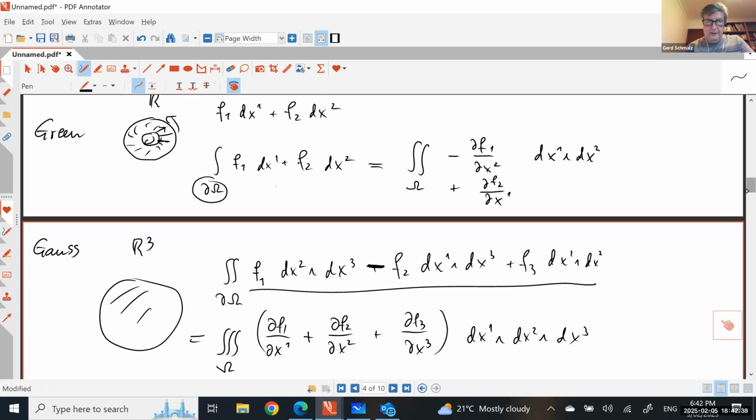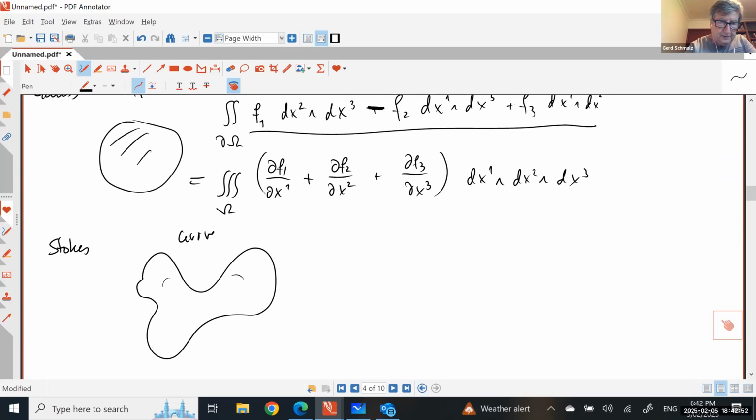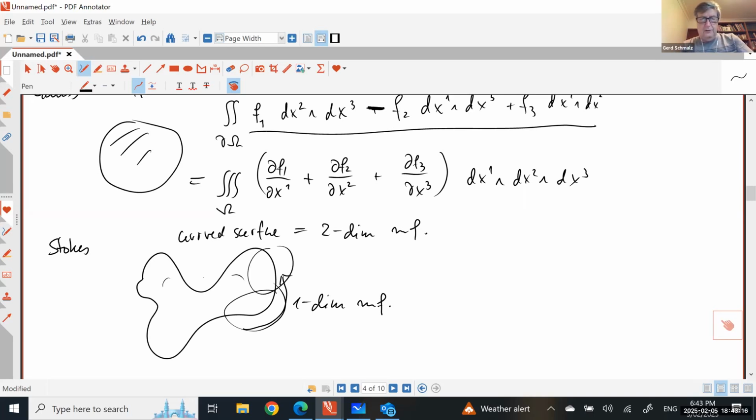So and now the traditional Stokes theorem is actually on a curved surface. But a curved surface is a manifold, a two-dimensional manifold, and the boundary is now a one-dimensional manifold. And if we apply our charts, this is actually nothing but going back into flat pieces of R2.